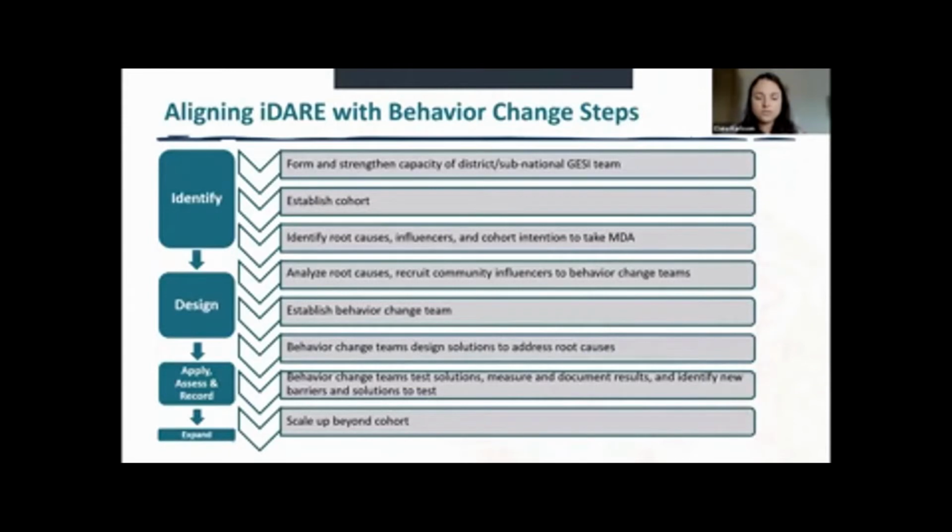It is important that the cohort tells us who these individuals are, so we don't go into this process with preconceived notions of who is influential in a given community. The community-led selection of influencers is critical because they will ultimately be the ones designing and implementing solutions to improve MDA coverage within the cohort.